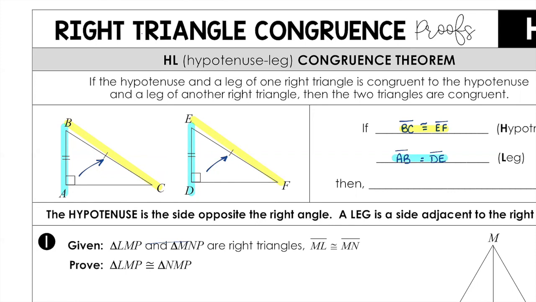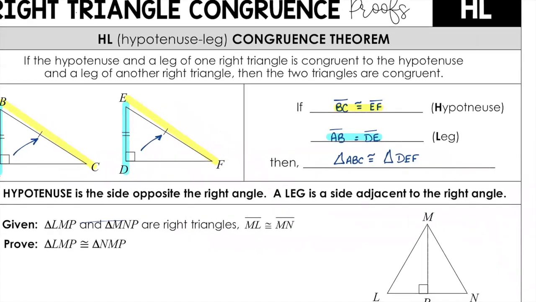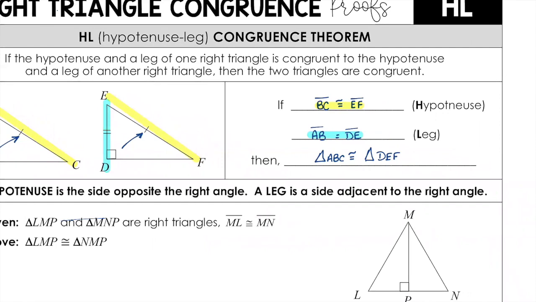As long as our hypotenuses are congruent and one of our legs are congruent, we can say triangle ABC is congruent to triangle DEF. Hypotenuse leg.